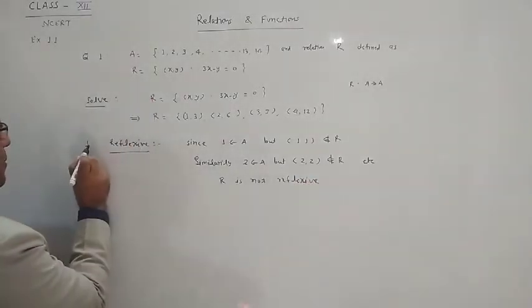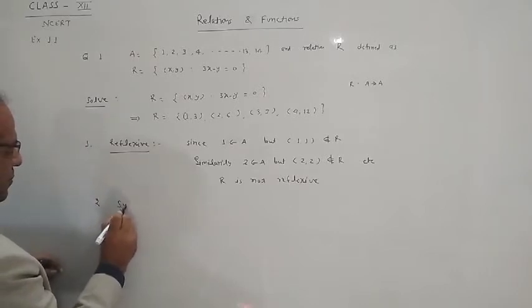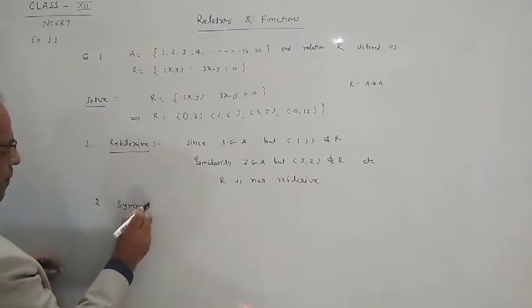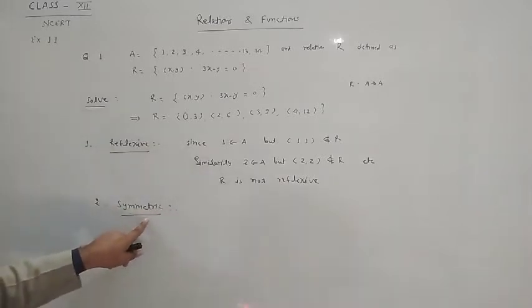The first is reflexive, second is symmetric. How can we check whether the given relation is symmetric or not?